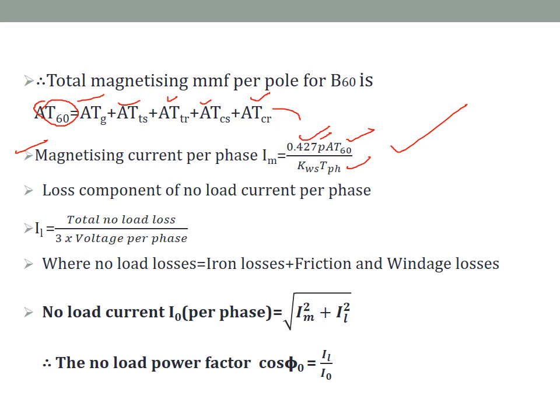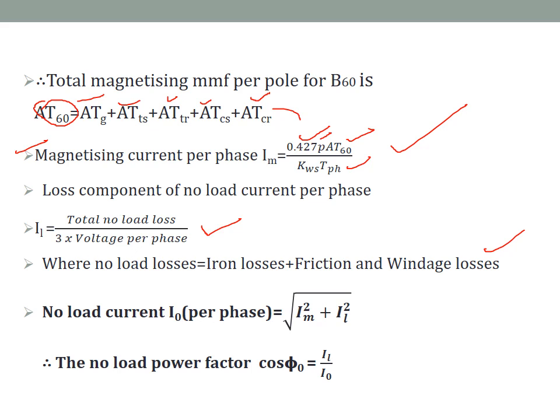Secondly, the loss component of no load current per phase is found using this equation. IL is equal to total no load losses divided by 3 into voltage per phase, where no load losses is equal to iron losses plus friction and windage losses.